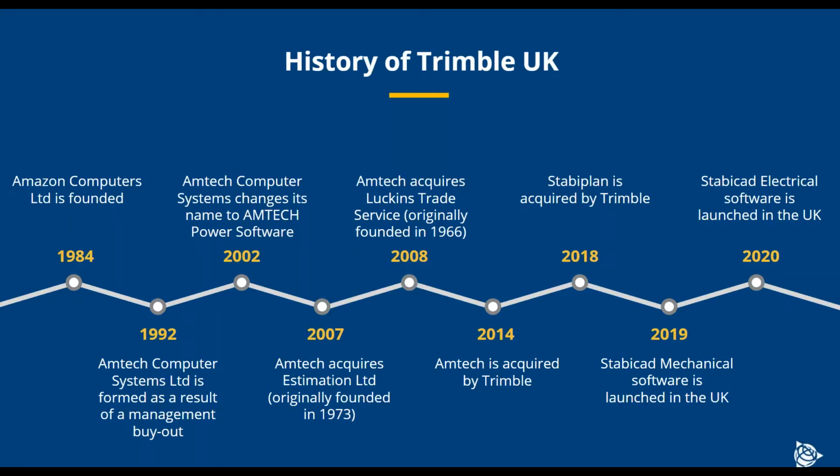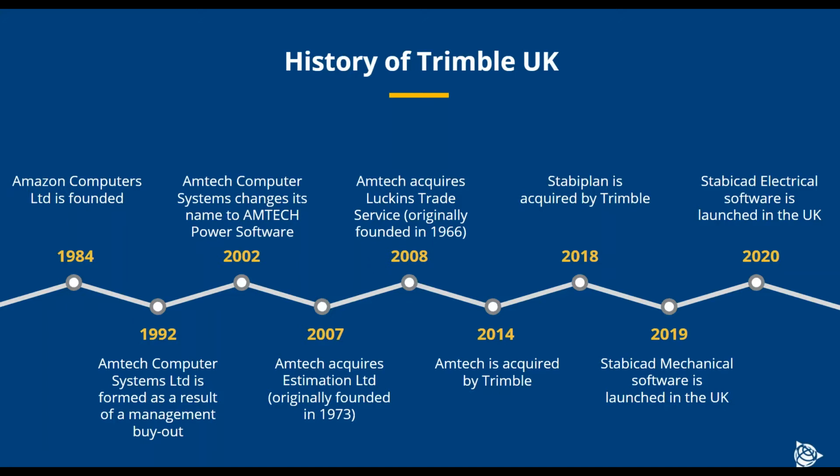So when Stabicad were acquired by Trimble in January 2018, it was immediately obvious there were great synergies between the two companies. There's a vast amount of Revit experience in the Stabicad team, approximately 200 employees. They've been developing on the Revit platform since the very early days, and before that on AutoCAD.